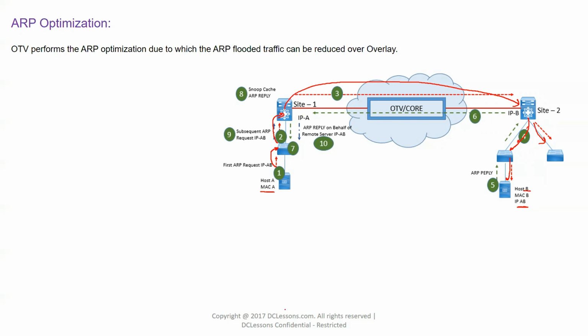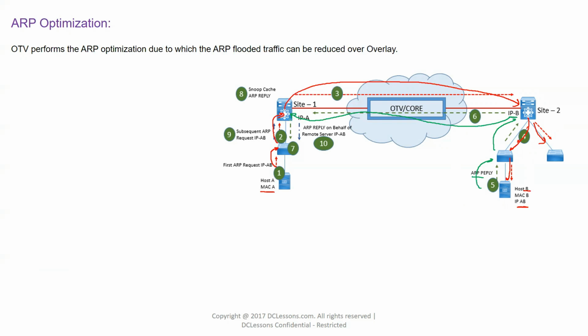Now once the ARP request is sent to host B, host B will send the ARP reply. The ARP reply will be sent to the access switch. From there it will be sent to the edge device, and from there to site 1, the edge device.